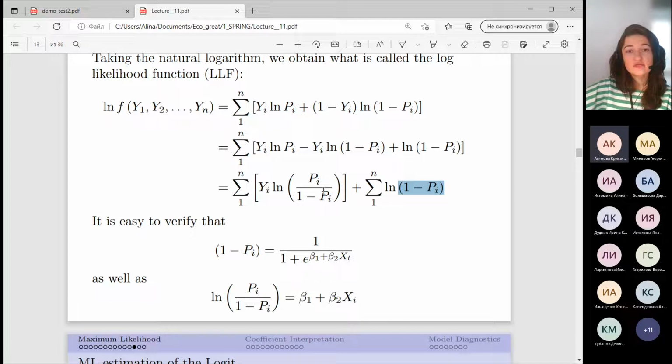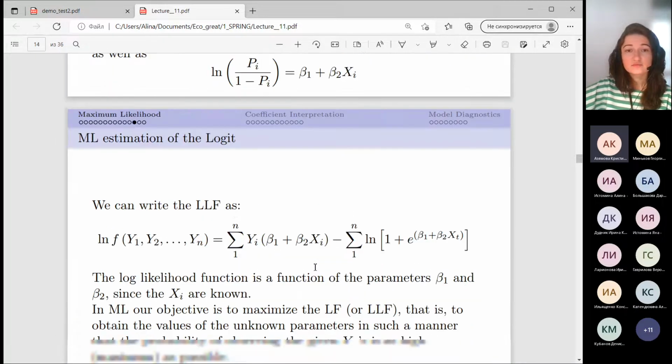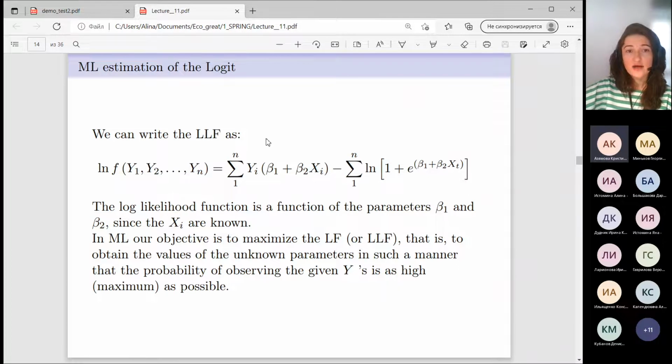And instead of this expression, you can plug in this one, because we work with the logistic distribution. Because of this, you can see here these expressions. If you plug in here, instead of these general terms, the logistic function, finally you can rewrite the logarithm of the likelihood function as follows. This will be your final model.